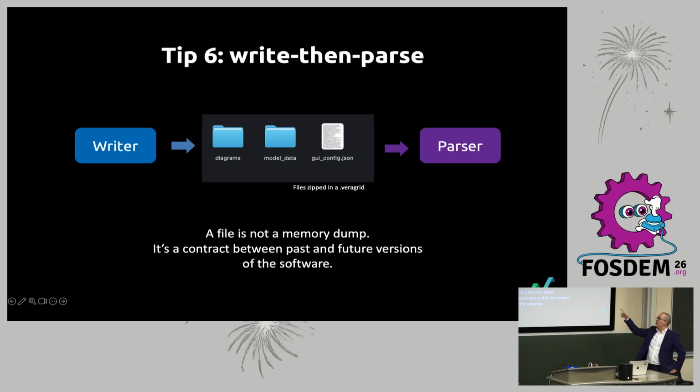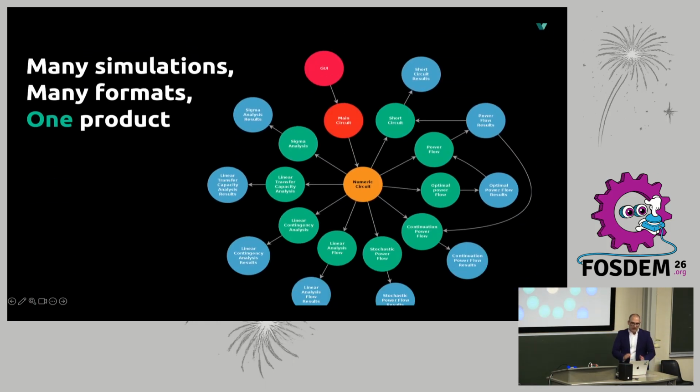Right now, the VeraGrid files are a zip file with JSONs inside. This was the fastest way of getting information at the time. And then parse it back. And with this contract in mind, today I can read the files I was creating 10 years ago. 10 years ago, I was using Excel as a file format. You know, really bad. But I can read them today because of this.